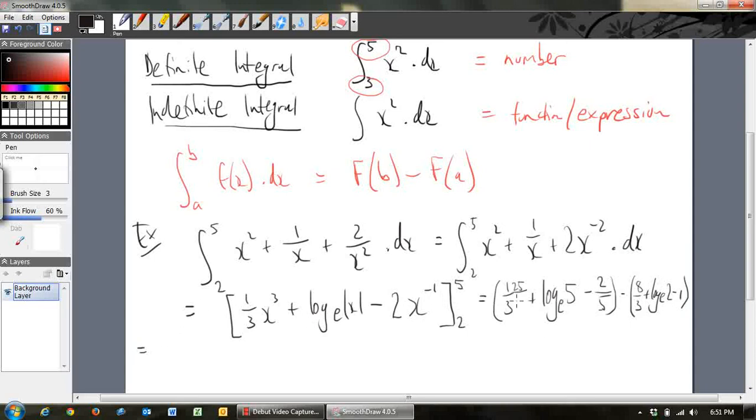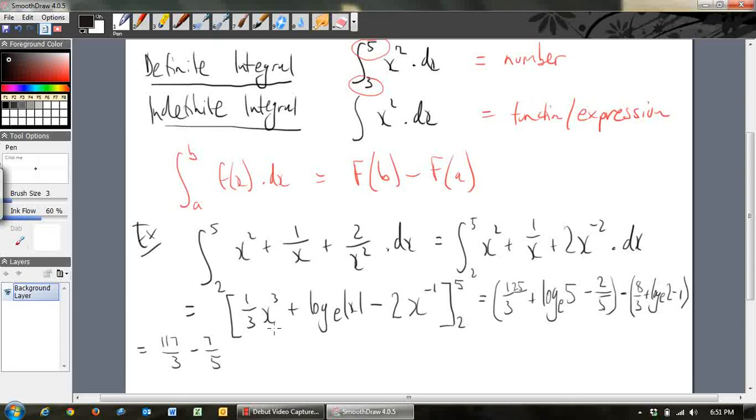Right, so this equals, and we'll just evaluate there. We have 125 over 3 minus 8 over 3, which is 117 over 3. And then we've got minus 2 fifths, and minus 1.